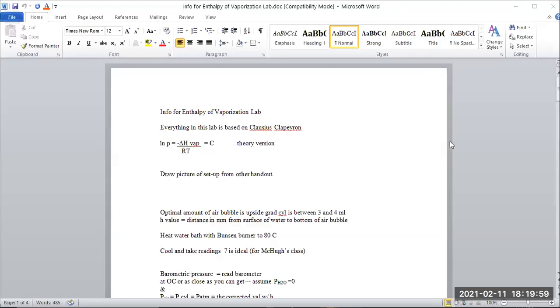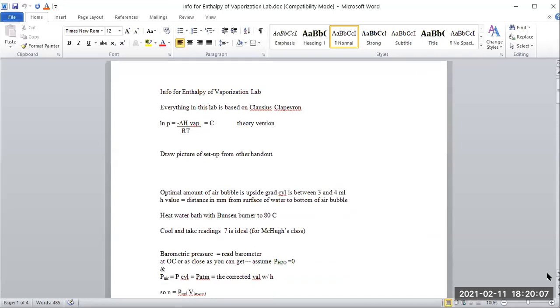All right, I think I got the right file. These are my notes, which don't exactly correspond with what's on Canvas, but they're mostly the same.